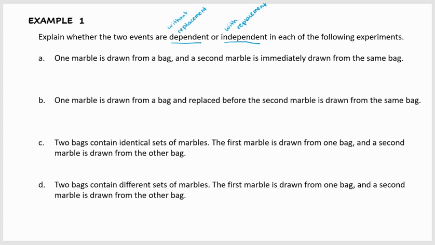One marble is drawn from a bag, and a second marble is immediately drawn from the same bag. So here we're talking about one container with marbles, and we are drawing two marbles. The first marble just gets left out, and then the second one is drawn. So this to me says it's without replacement.